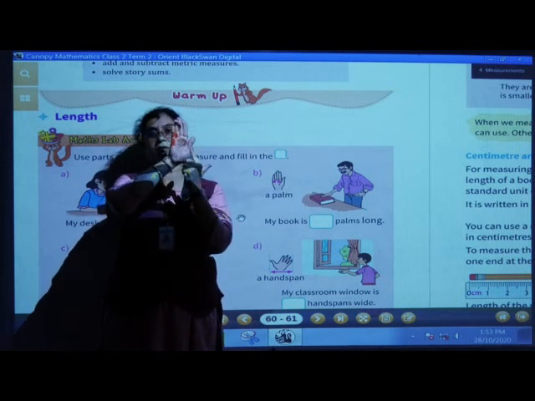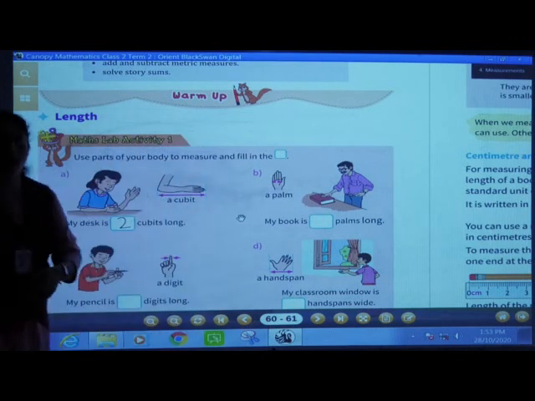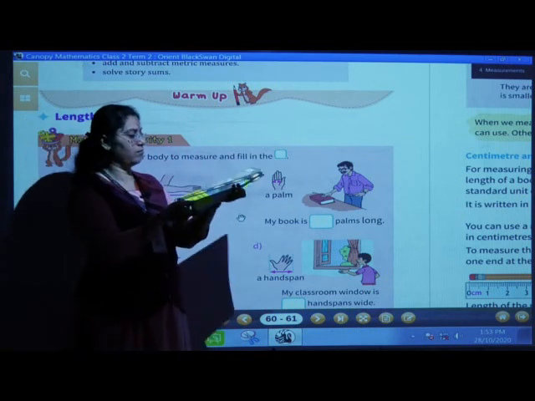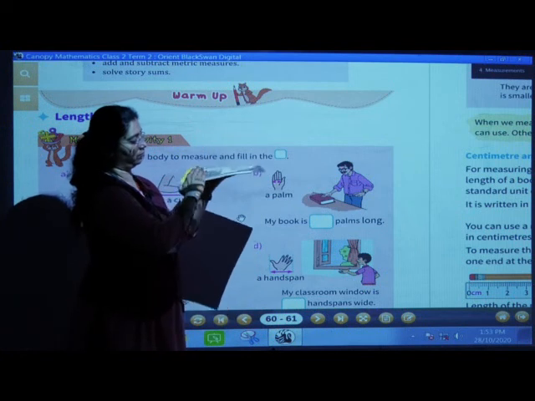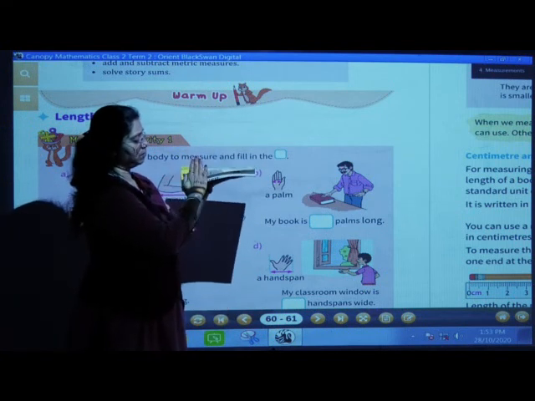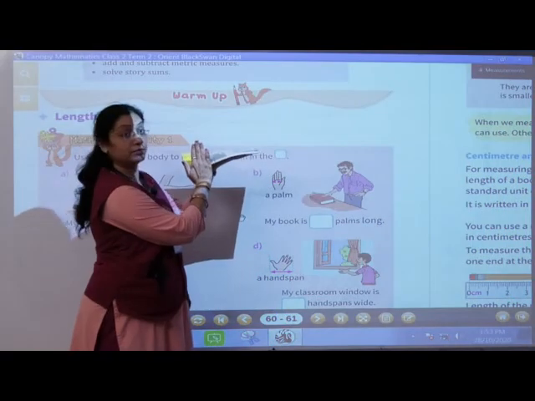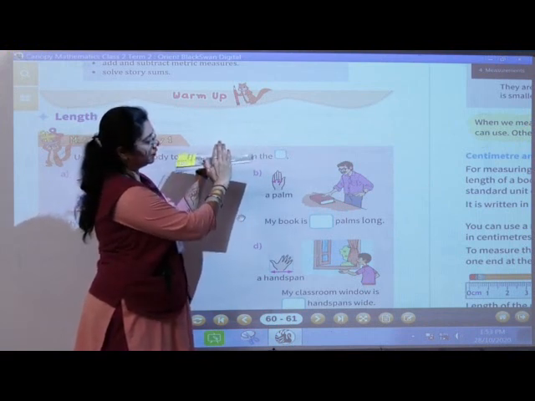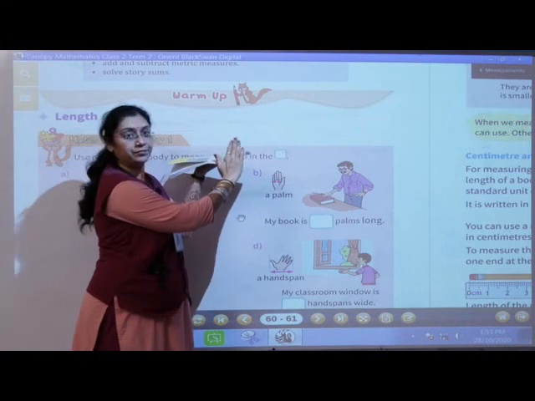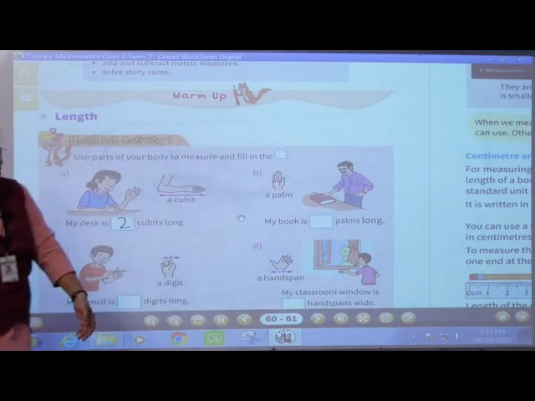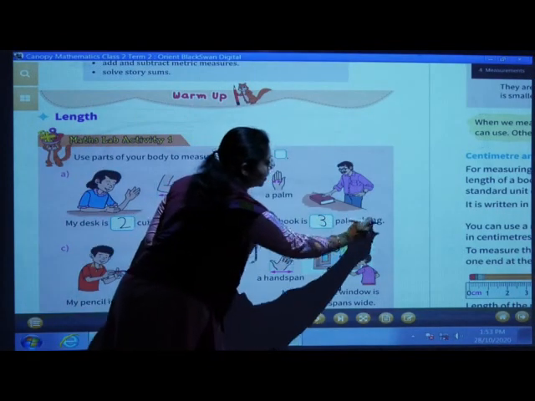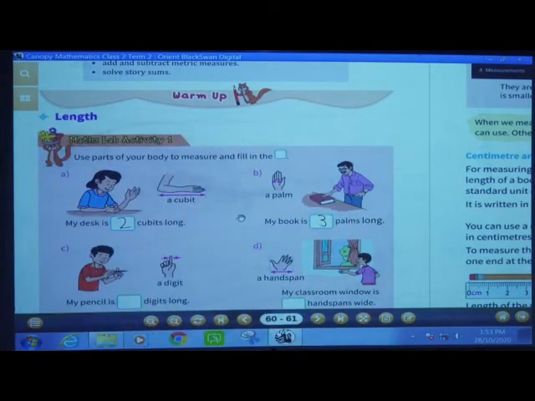This is called palm. I am measuring this book with my palm. See, 1, 2 and 3, means my book is 3 palms long. Do you understand?